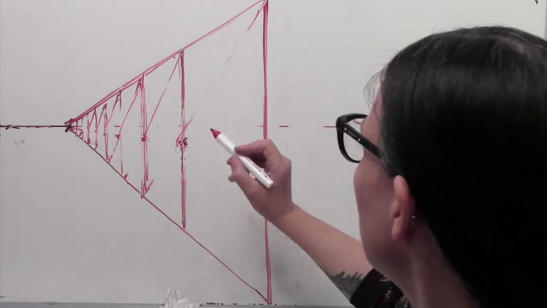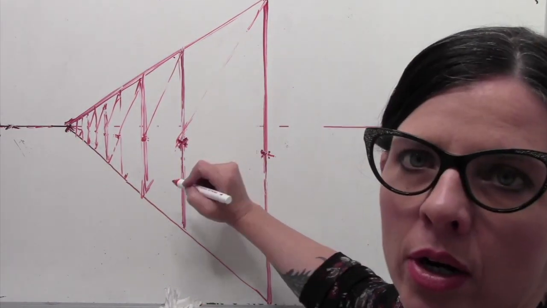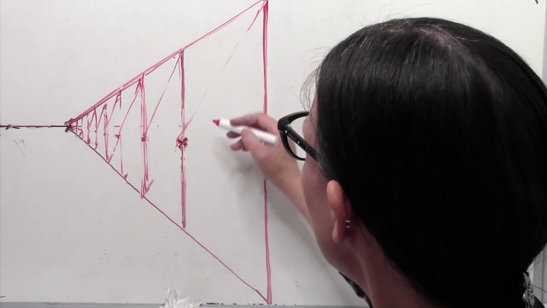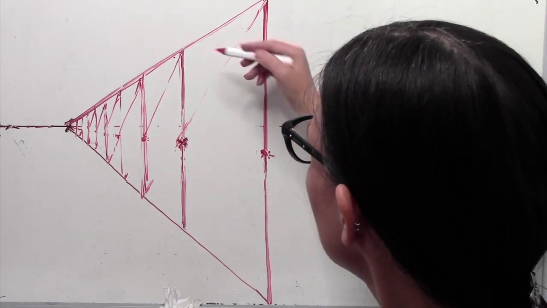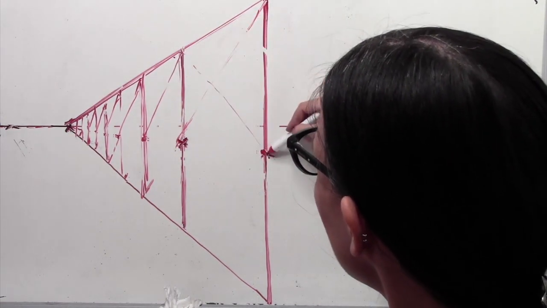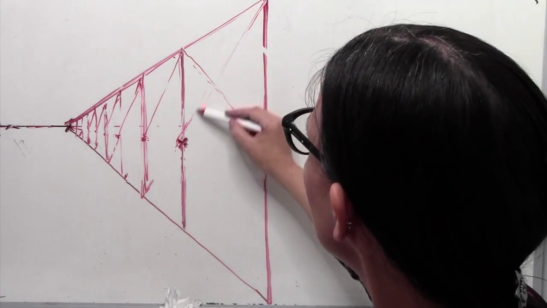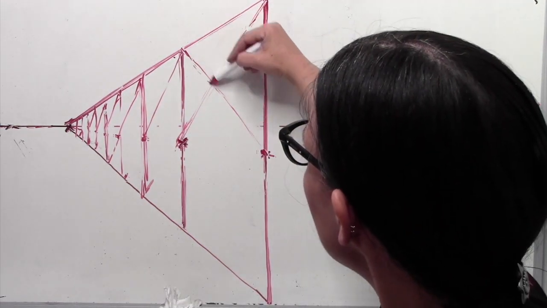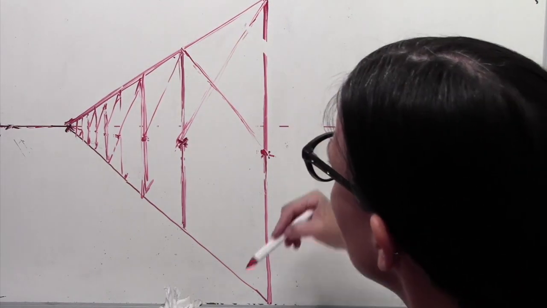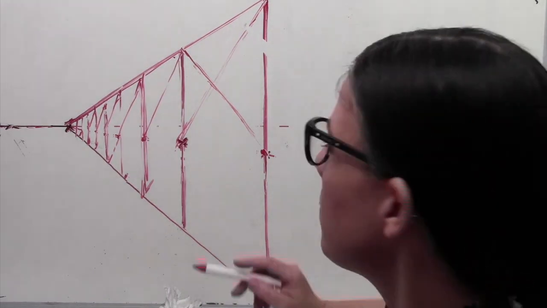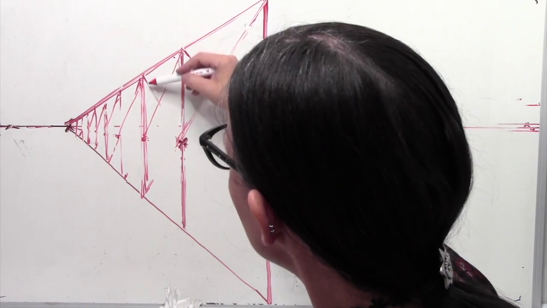Now I have a point here, and a point here, so I can just divide that up.